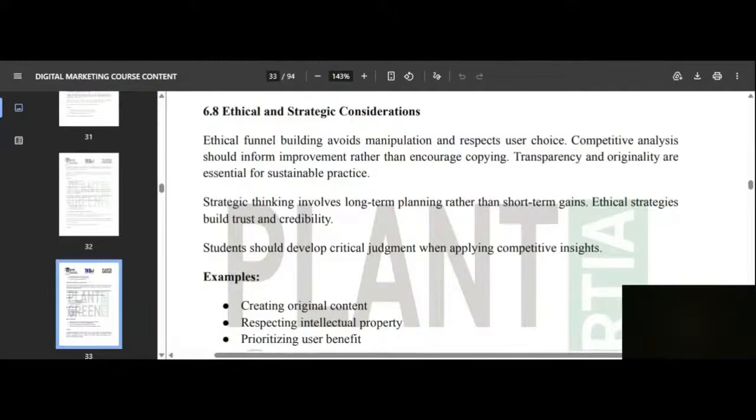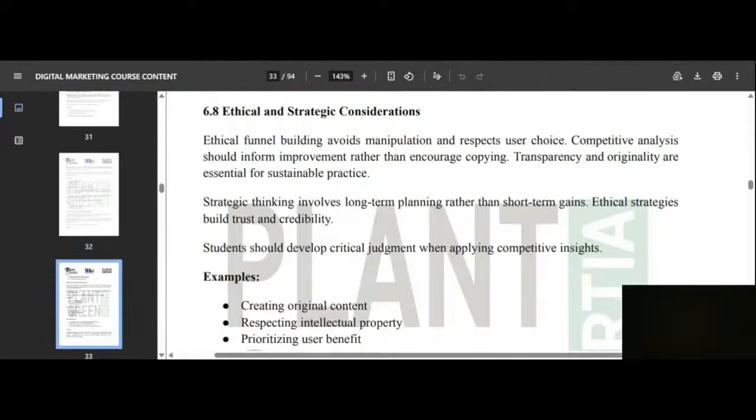Because there are two things that help you grow: ethics protects your brand, and strategy protects your growth. Both must work together. Only then can you take your brand to better and higher heights.